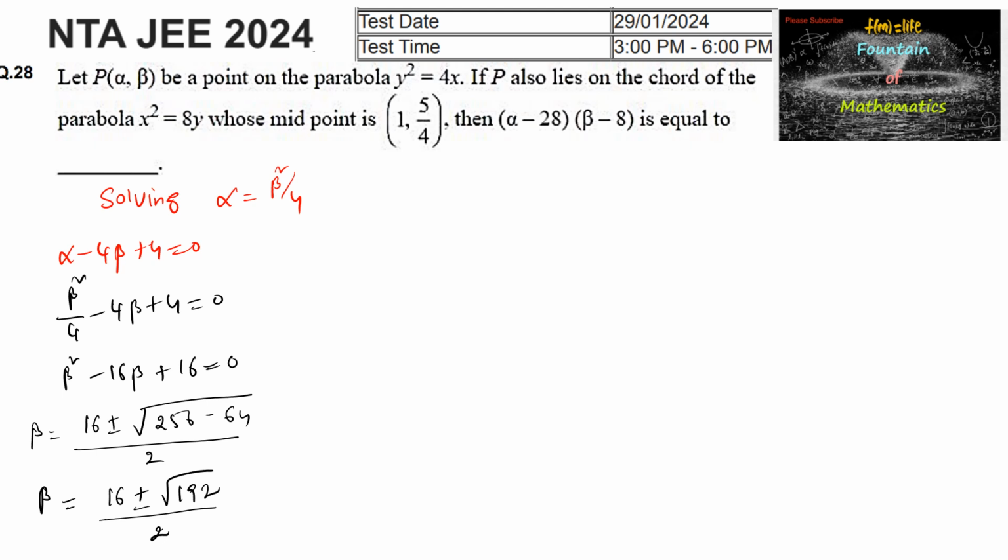So we can write 8 plus or minus, and root 192 we can write as 8 root 3, so 4 root 3. So the beta value is 8 plus or minus 4 root 3.